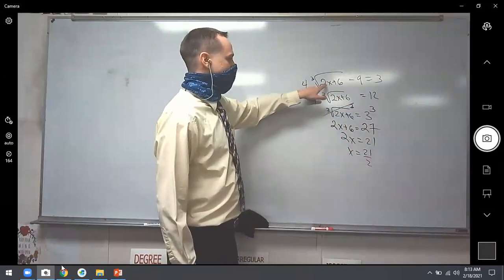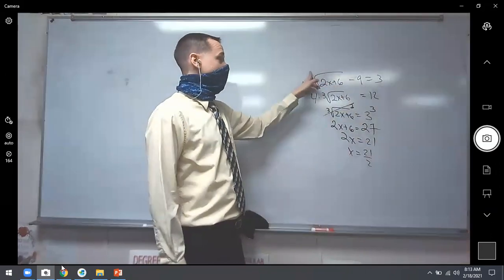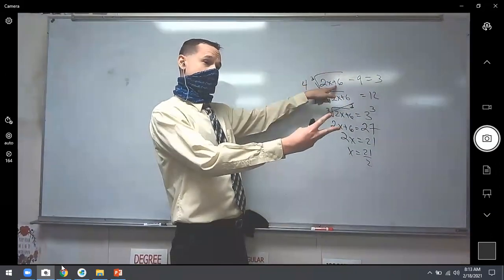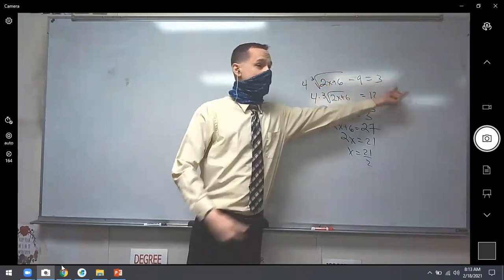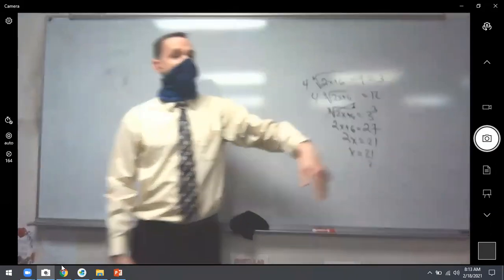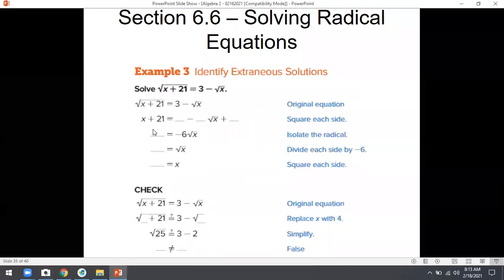So this just turns into 21, and 21 plus 6 is 27. The cubic root of 27 is 3. 3 times 4 is 12, and 12 minus 9 is 3. So it worked out, actually, but that's a lot of mental stuff. I would definitely use my calculator to check things, because mental math is pretty tough, too.